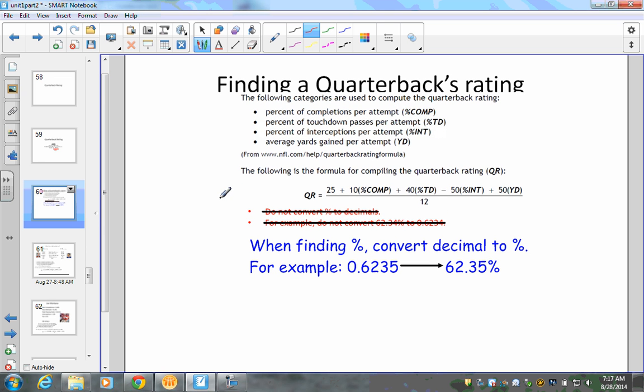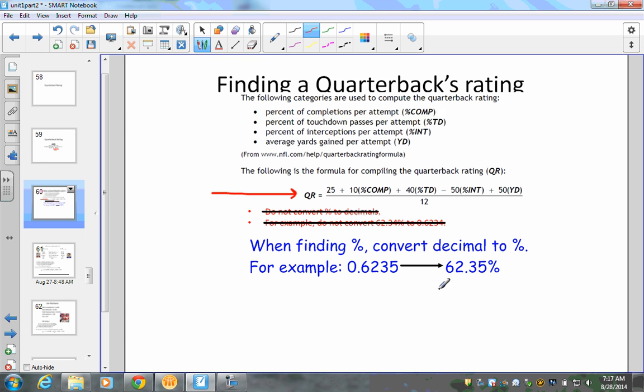Here's our formula right here. There's quarterback ratings, and there you have the 25, 10 times the percentage of the completion, and we'll talk more about that because we're going to do an example in this video.